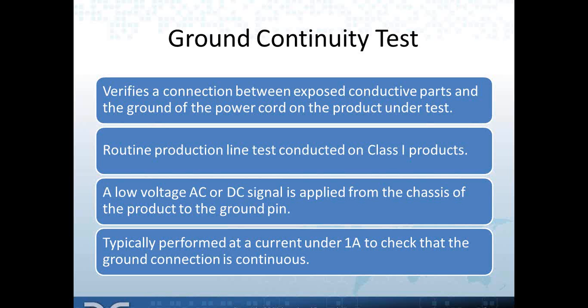Now, we all know that this will only work if the user does not defeat the safety ground of a product. Often, the user defeats the safety ground by removing the ground prong from a plug or by using an ungrounded 3-to-2 prong adapter.